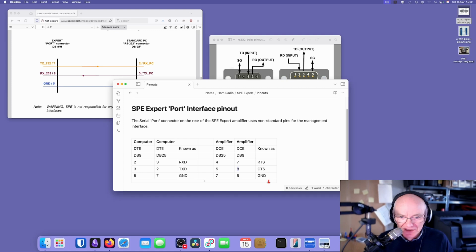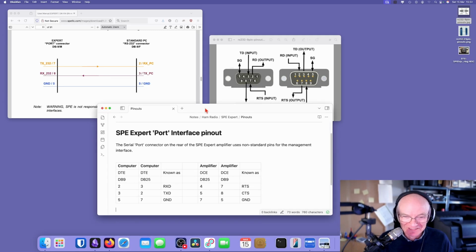If for some reason you're using a DB25 connector, then these are the pinouts that you would need: pin 3 to pin 4, pin 2 to pin 5, 7 to 7. Or if you've got some combination of the two, I'm sure you can work that out from the information in that table. But I'm hopeful that will be of benefit to someone out there.